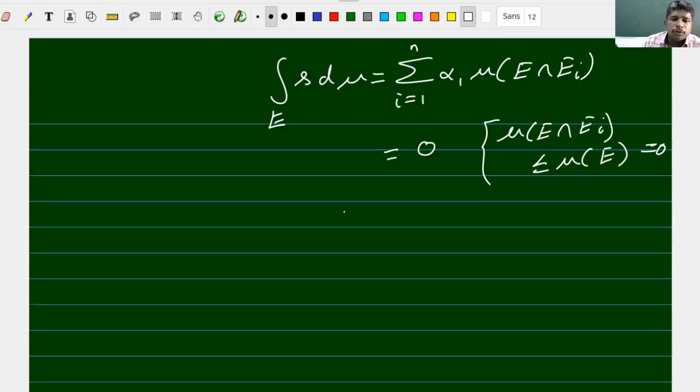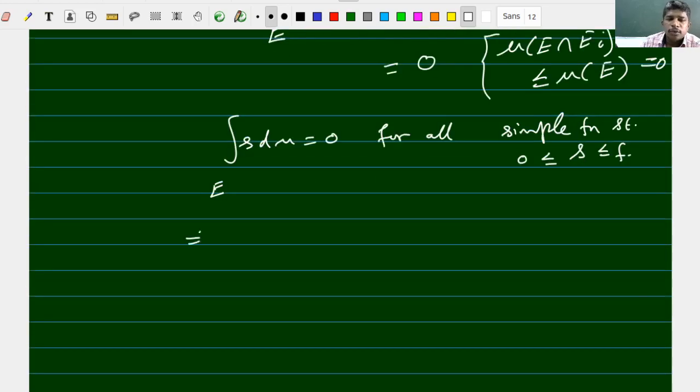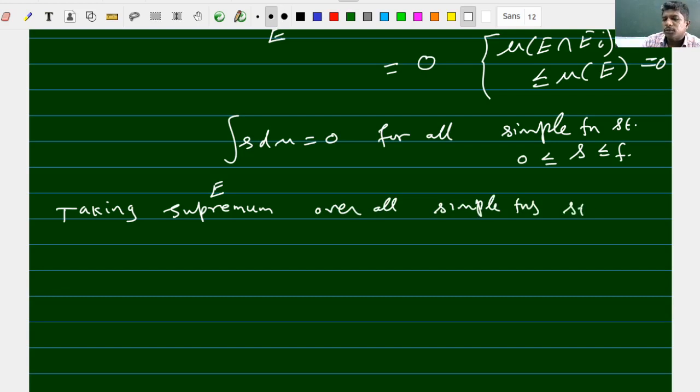Now we have come to the statement that the integral over E of s d mu is 0 for all simple functions such that 0 ≤ s ≤ f. So taking the supremum over all simple functions such that 0 ≤ s ≤ f, we get the integral of f d mu.